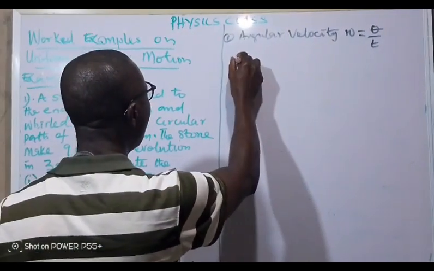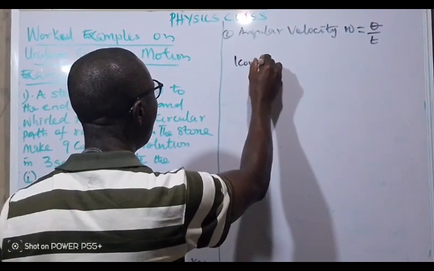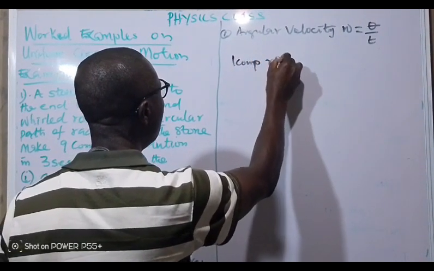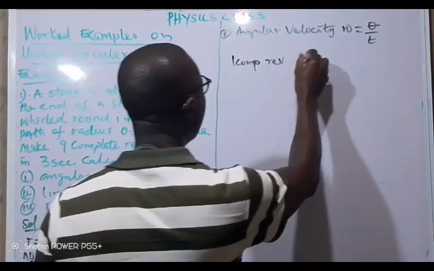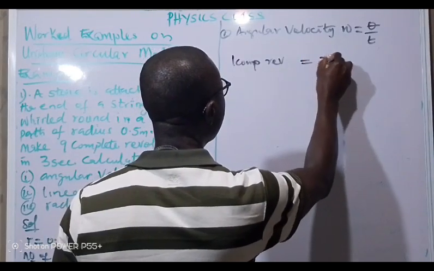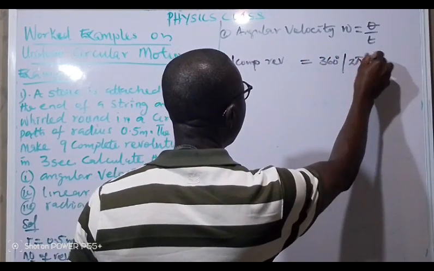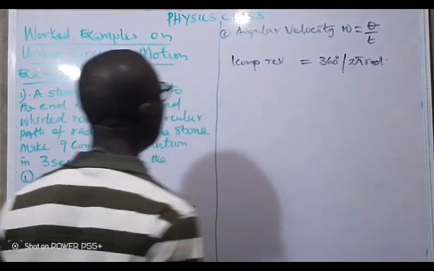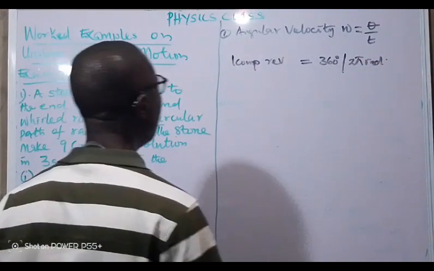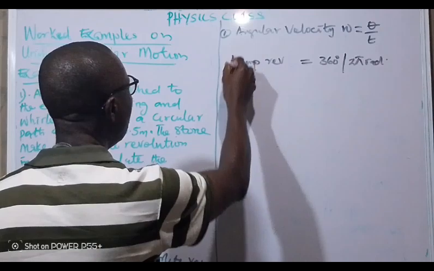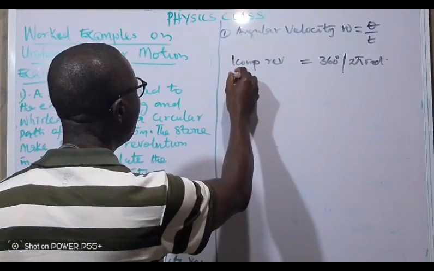Already we know that one complete revolution is equal to 360 degrees or 2 pi rad. Don't forget we did this under the first lesson, under the topic.